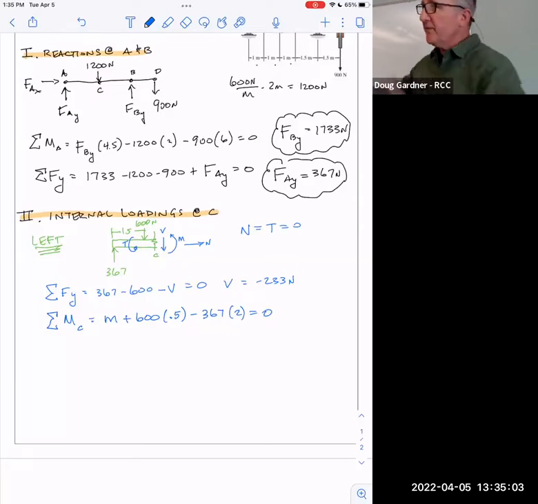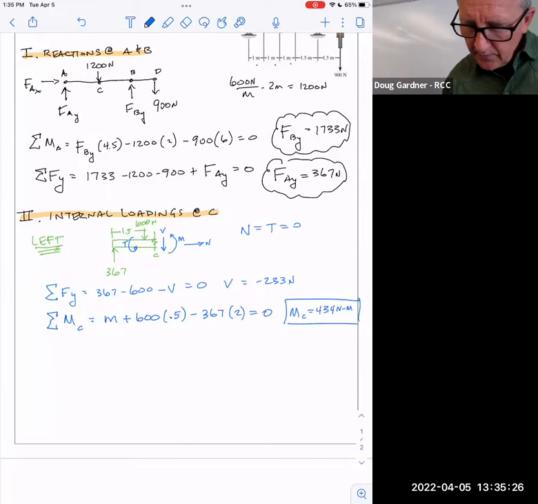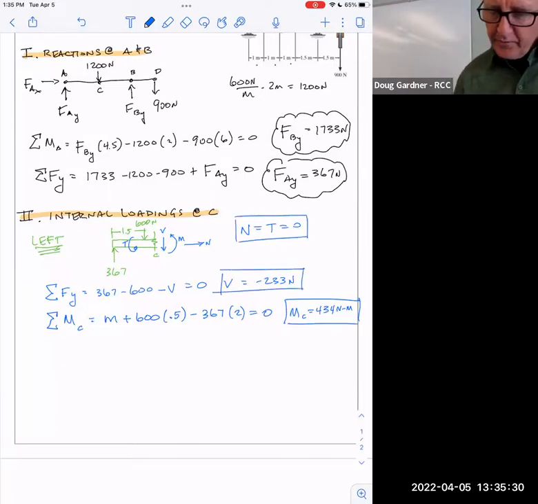And again, you have to see this as some location inside the middle of it that wants to snap in that moment direction, snapping off this way, not torsion. And so if I don't blow that, I get 434 approximately. 434 Newton meters.